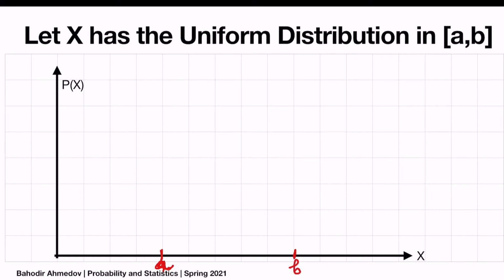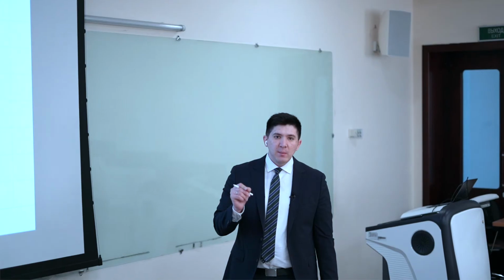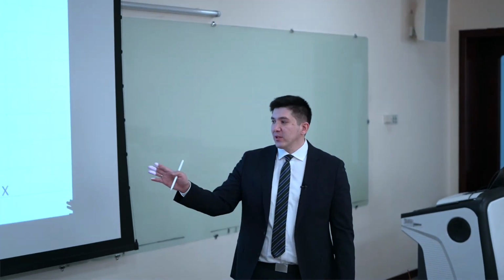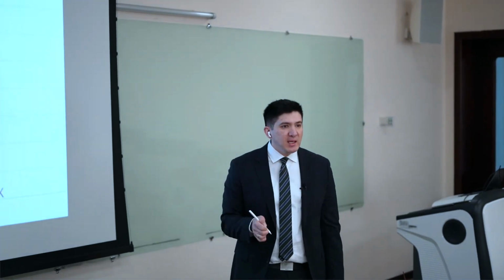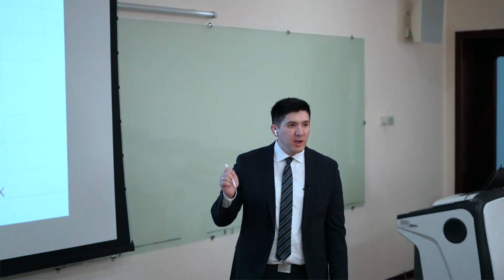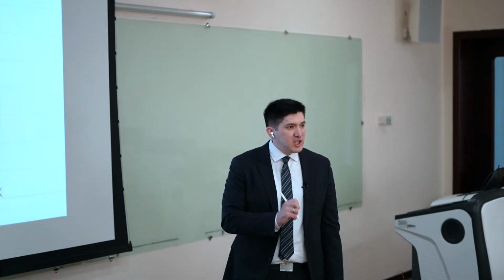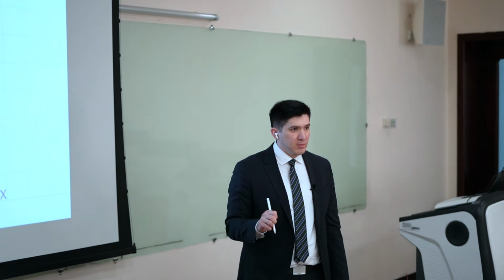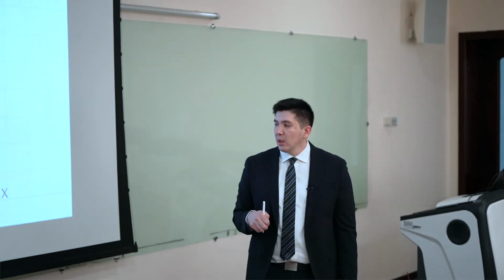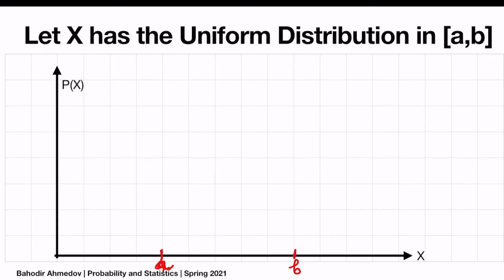Your random variable can be any number between A and B. If A is, for example, 4 and B is equal to 8, your random variable can be any number between 4 and 8. And the chances of occurring are the same for all of the numbers. So if I would like to draw the density function, it is going to be something like a horizontal line.